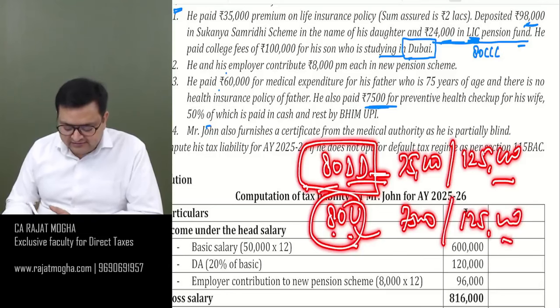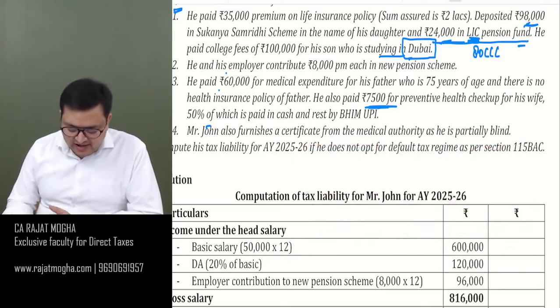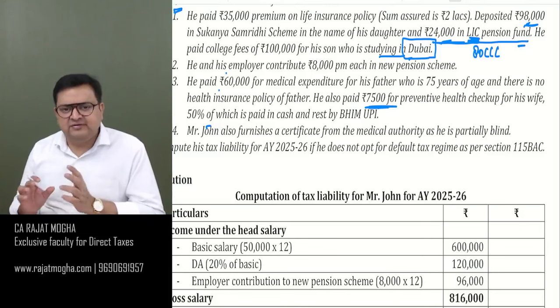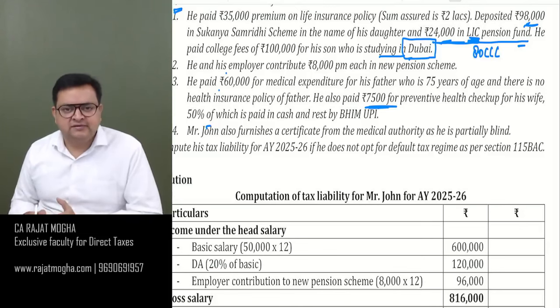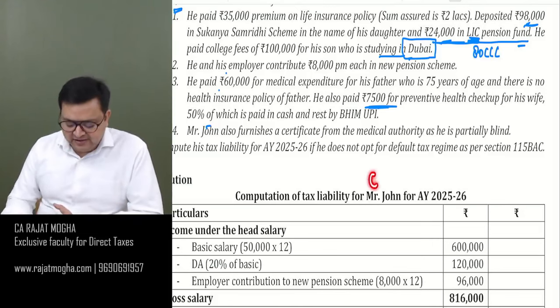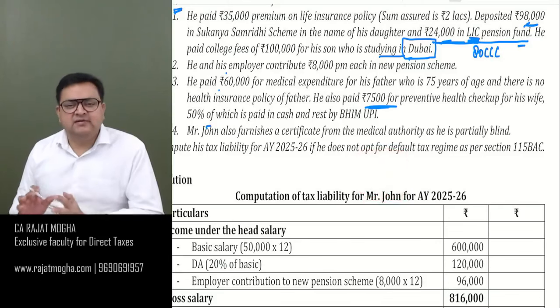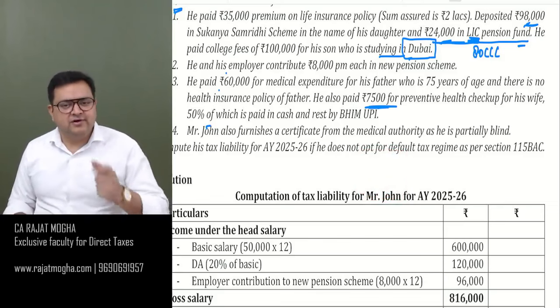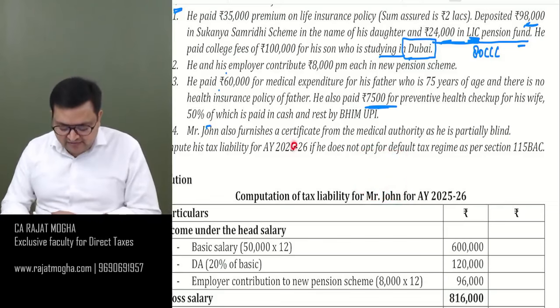Here, the assessee himself is disabled, and it is written that he is partially blind. Partially blind is not severely disabled. Whenever they say severely disabled, they will actually write it. Severe disability means disability is 80% or more. You will get this word severe disabled. So there you can take 125,000, but here we will take 75,000.